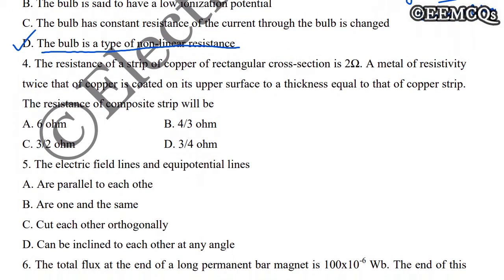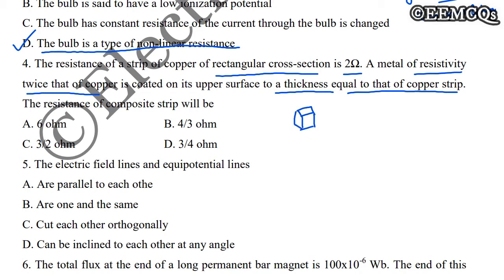The resistance of a strip of copper of rectangular cross section is 2 ohm. A metal of resistivity twice that of copper is coated on the upper surface to a thickness equal to that of the copper strip. What will the resistance of the composite strip be? Say initially this is your copper strip.